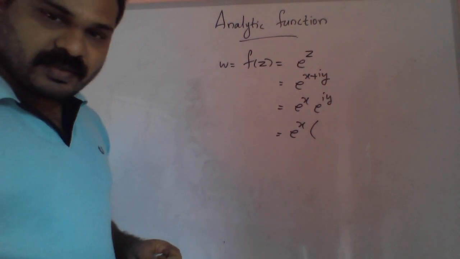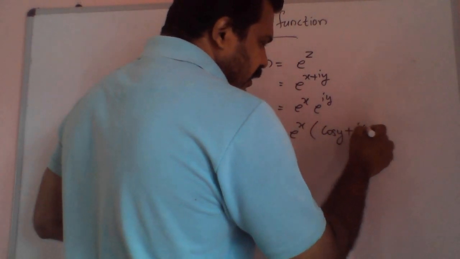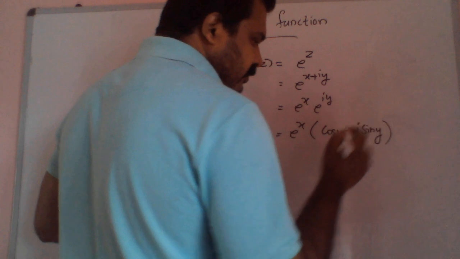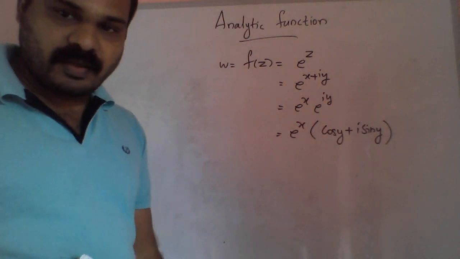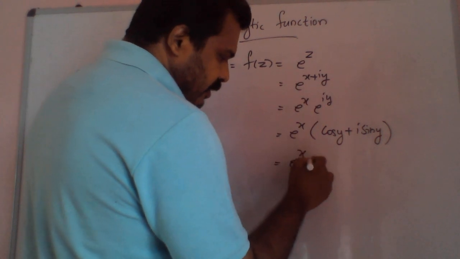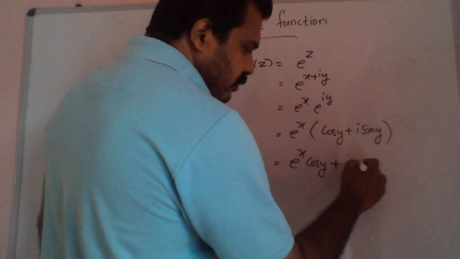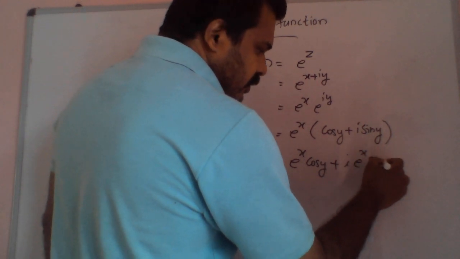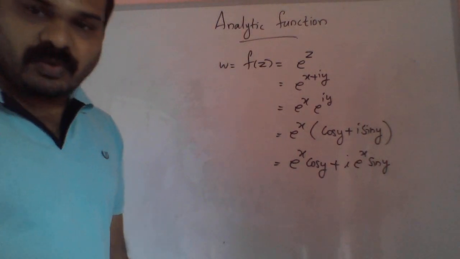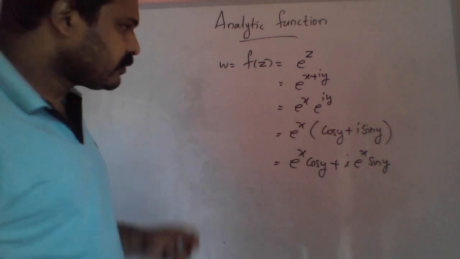So e raised to iy is cos y plus i sin y. That is e raised to x into cos y plus i into e raised to x into sin y.